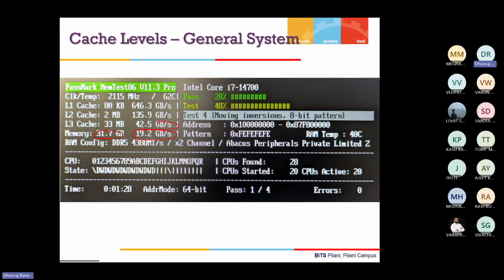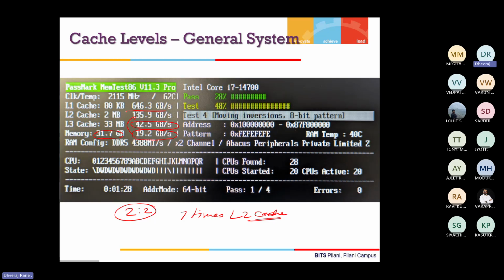Even if we compare it with L3 cache, then also it is almost 2.2 times that of main memory. And if you keep on comparing it with L2, then almost it is 7 times of L2 cache, right? And L1, it's way beyond. L1 cache, it is 646.3 Gbps.